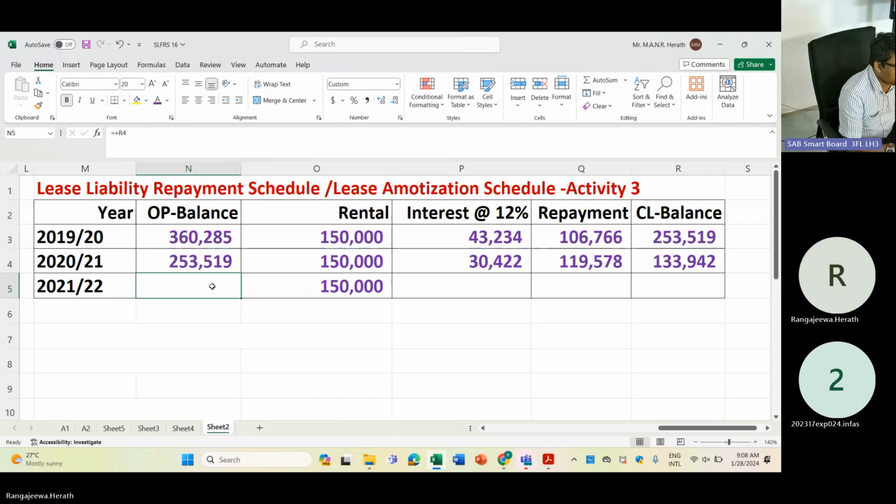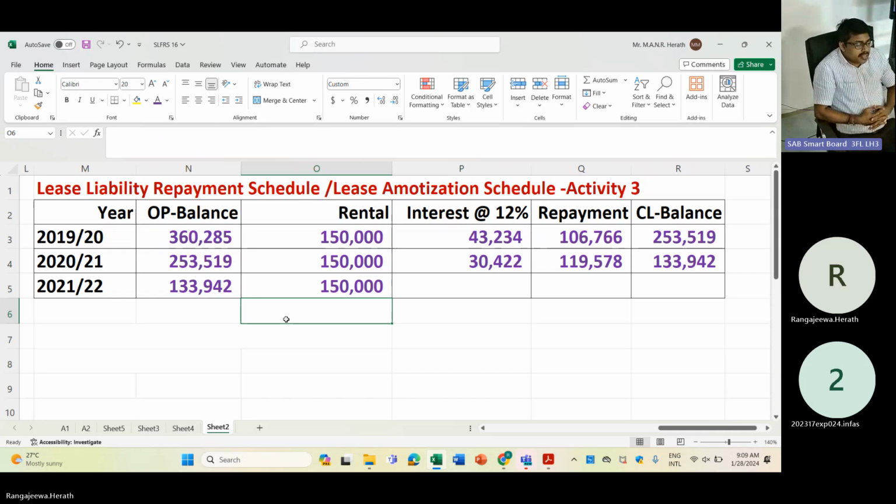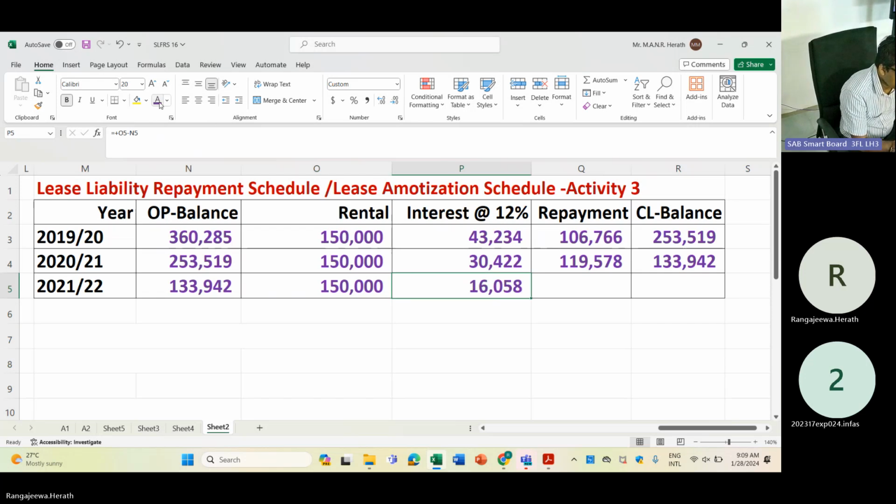Closing balance 133,942. So 133,942 opening balance. From that, 12%, 16,000. Repayment 133,000.